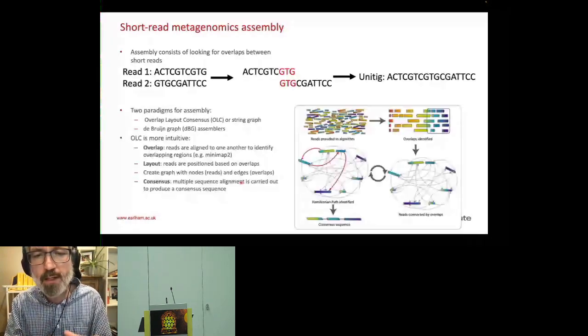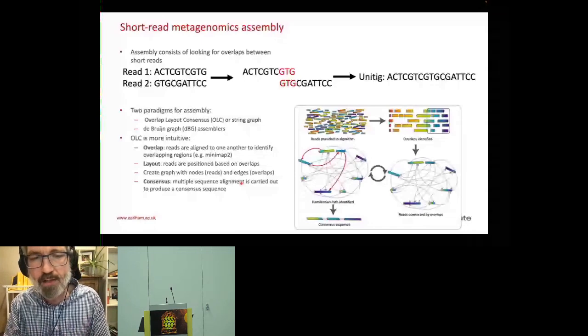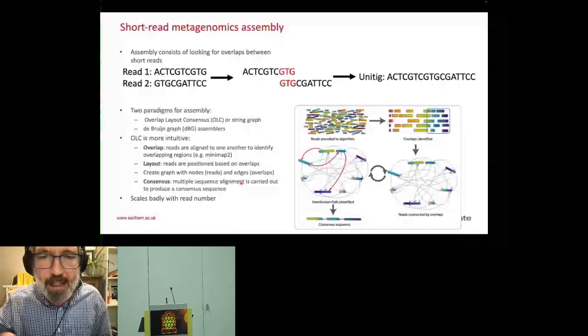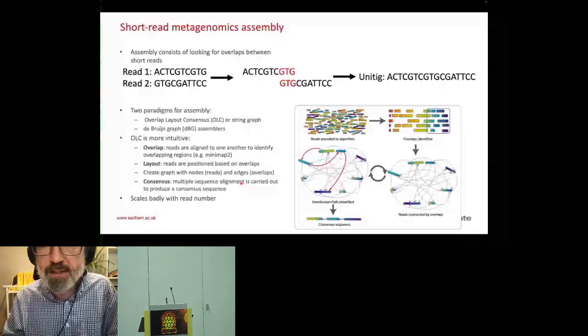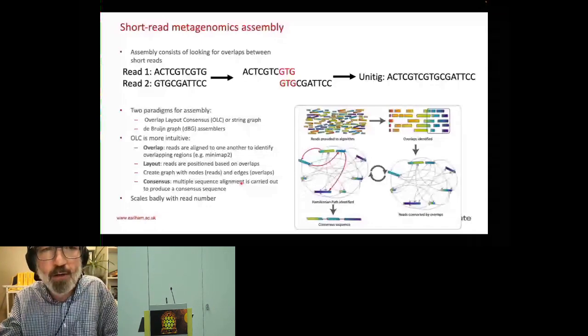When we've found one, we may collapse the reads onto that path to form a consensus sequence. The problem with this is it scales very badly with read number because you have to do that all versus all comparison. You can use minimizers, which is something I'll talk a little bit about in a minute, to speed up that comparison. But essentially, it's computationally intensive when you have large read numbers.